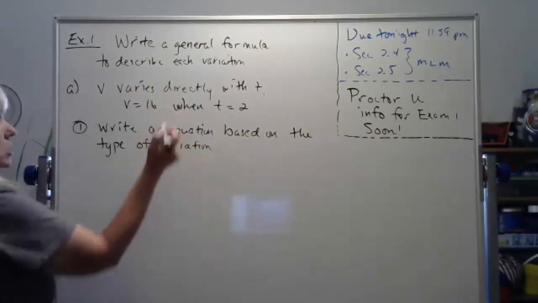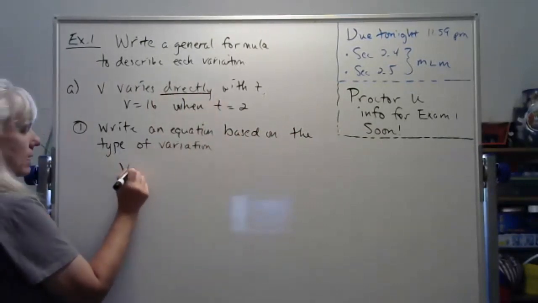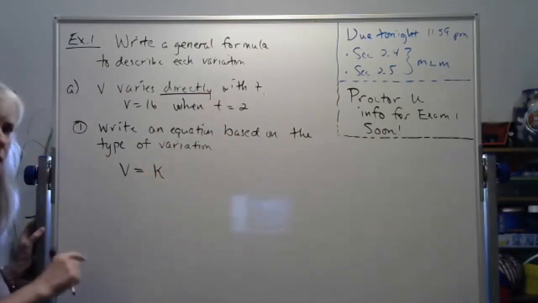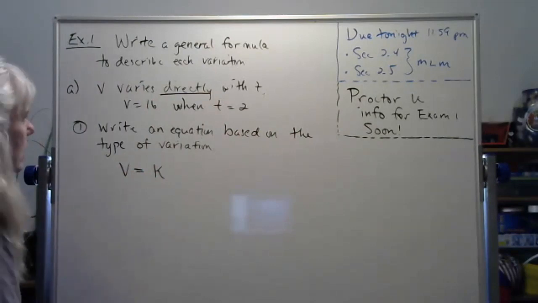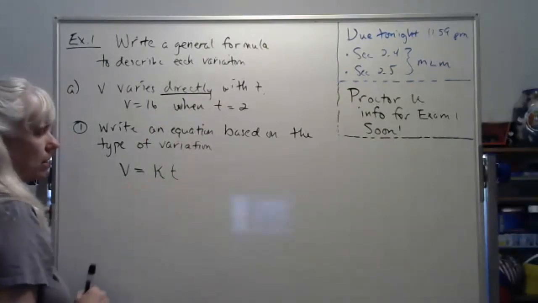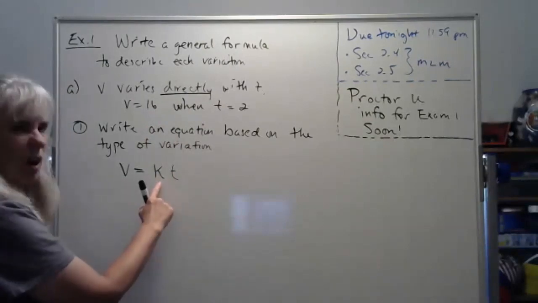So because our initial problem says the word directly, I know that when I go to write it, I'm going to write v, and then I'm immediately going to put in my equal sign, and then my k. So anytime you write the equal, put the k directly after it. K will always be written next to that equal sign. And because it says directly, we know to put the t right next to the k. So there's our equation of variation. The problem is we need to figure out k.